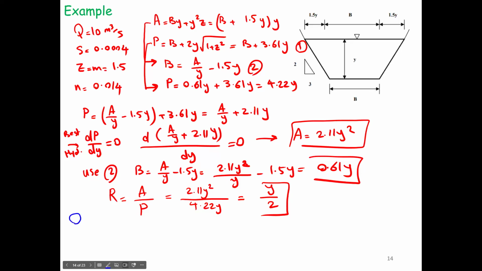So for discharge, I will use 1 because it's metric or SI. Area R to the 2/3. Yes. Do I have discharge? Yes. Do I have Manning equation coefficient? Yes. Do I have area? Yes, based on Y. Do I have R?